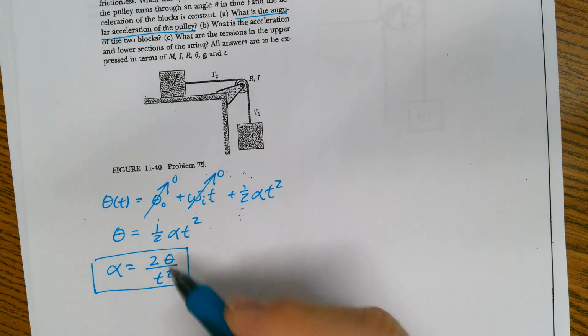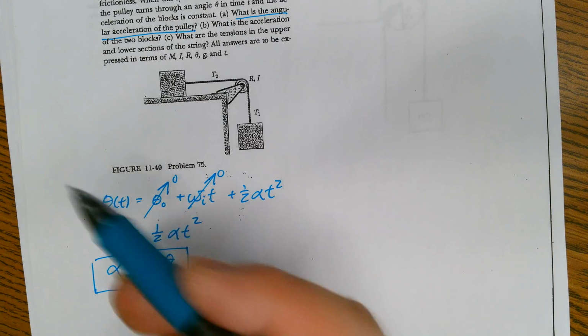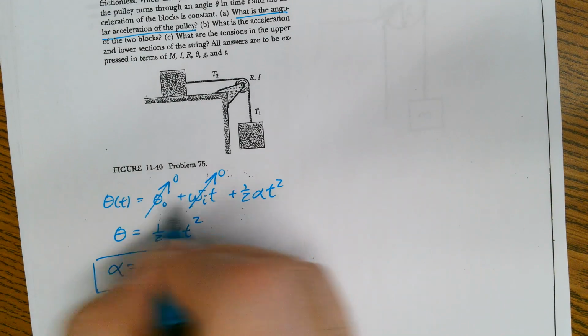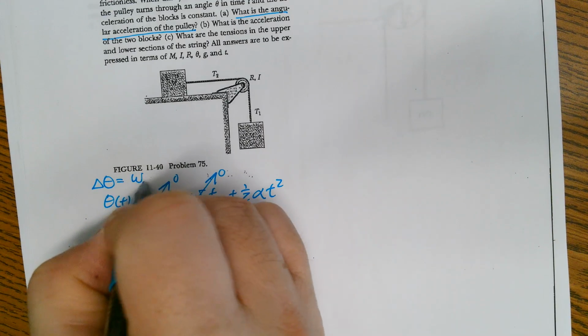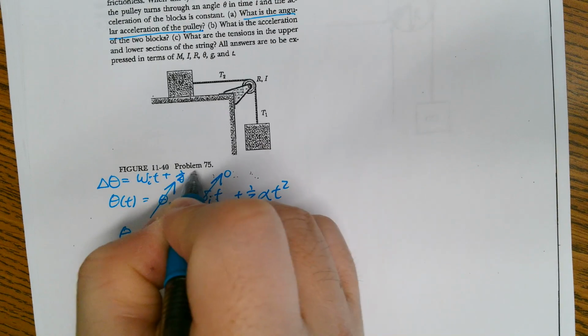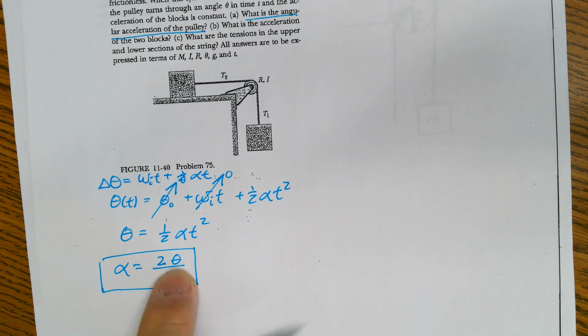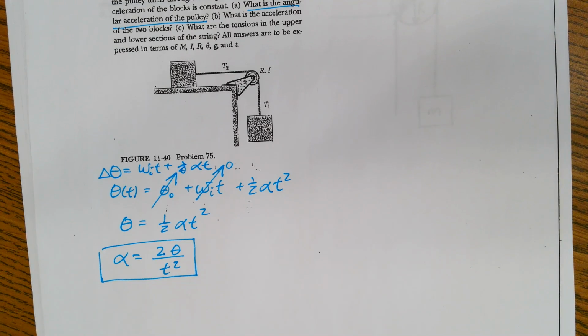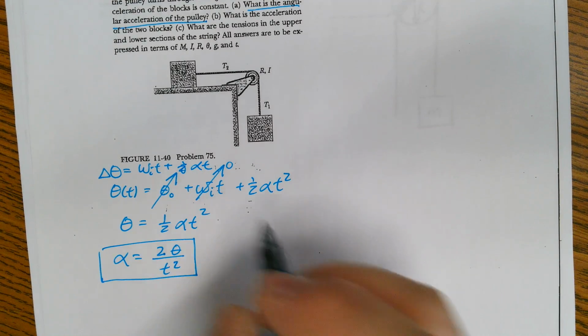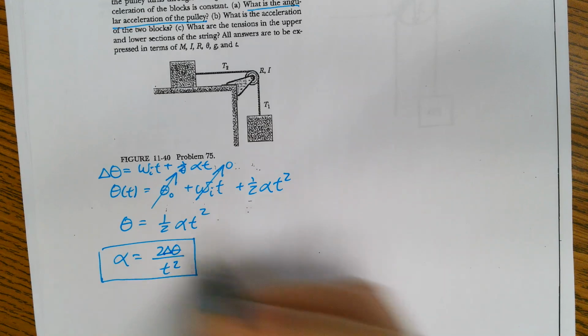If this is not 0, then an alternative way would be delta theta is equal to omega initial t plus 1/2 alpha t squared. Then this becomes just delta theta, so it's not that much difference. Why don't we do that then? If you want to do that, we do that delta theta.